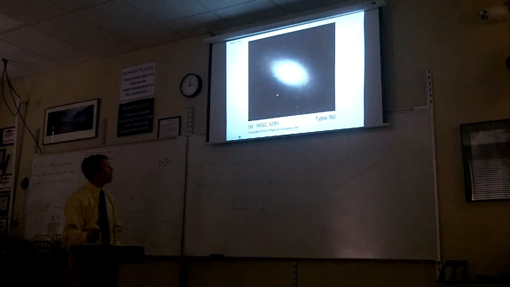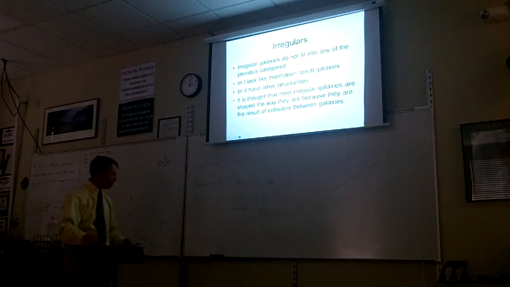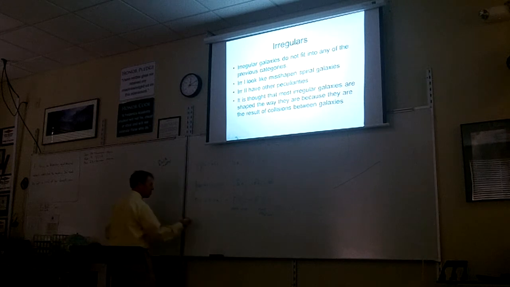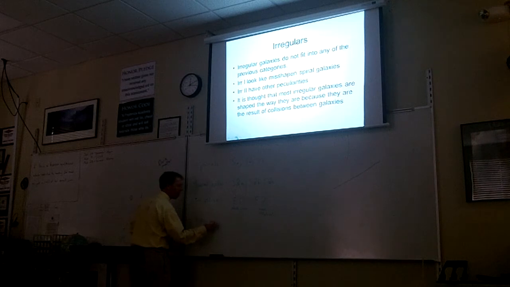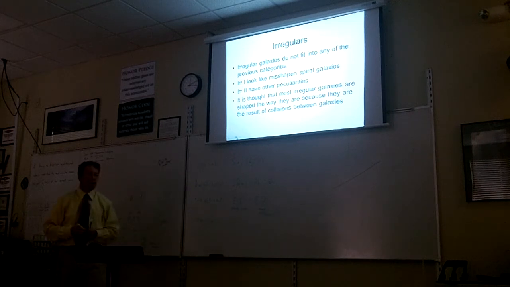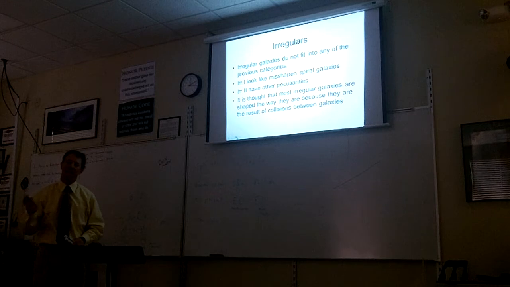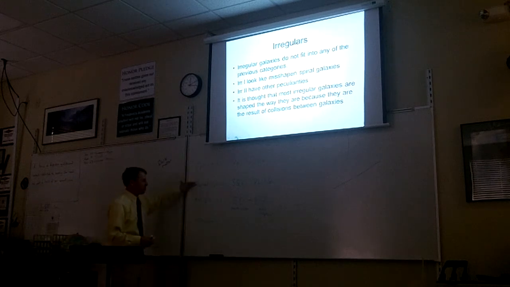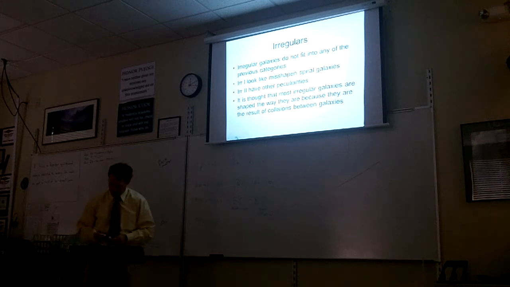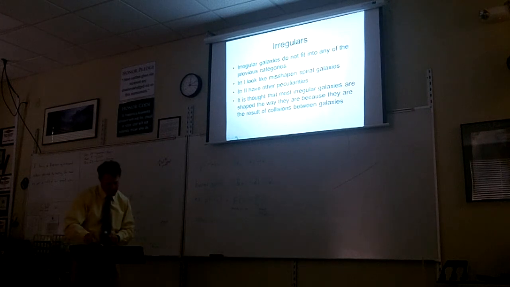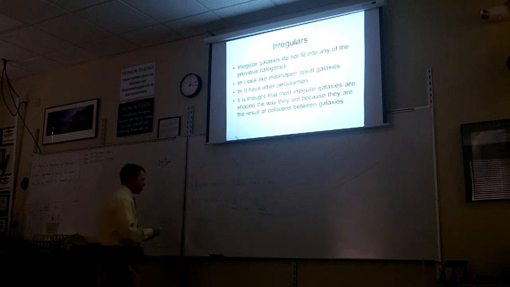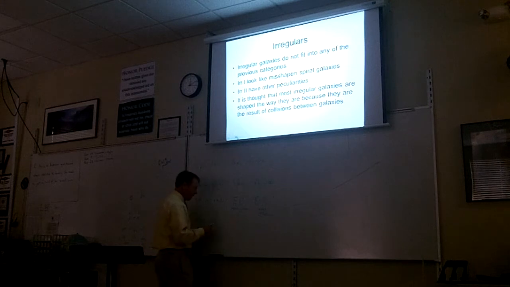Hold on. Let me come back to these. The next type is irregulars. Irregular galaxies don't fit into any of these three categories. And they have basically two subdivisions. There's irregular 1 and irregular 2.